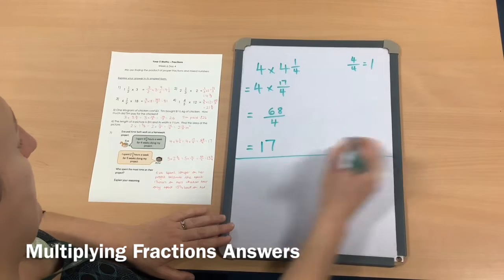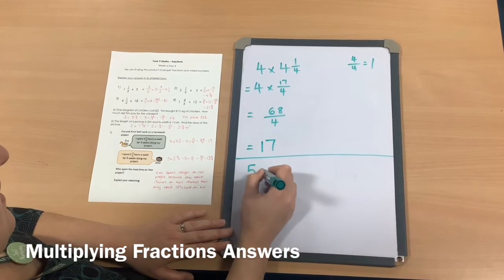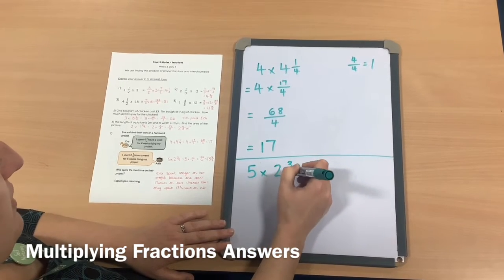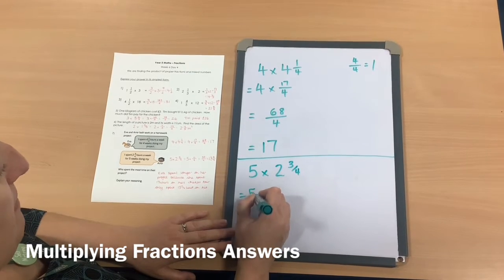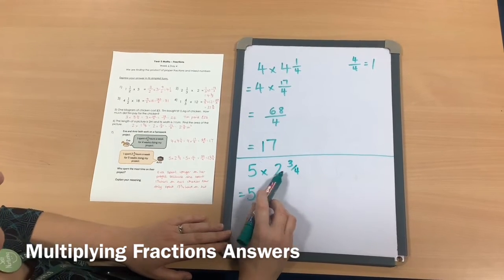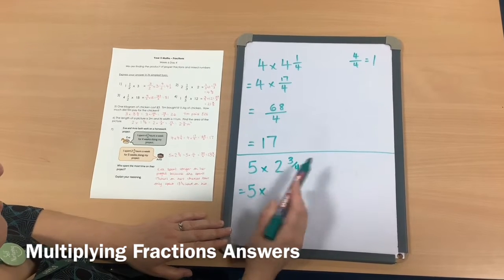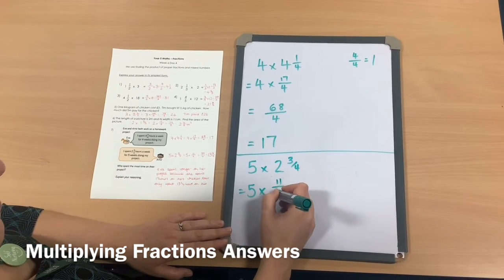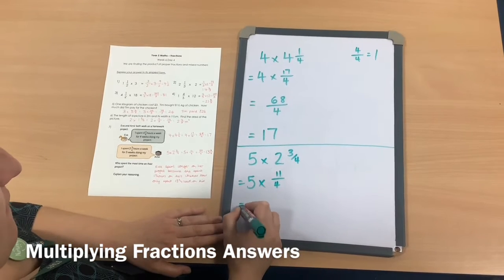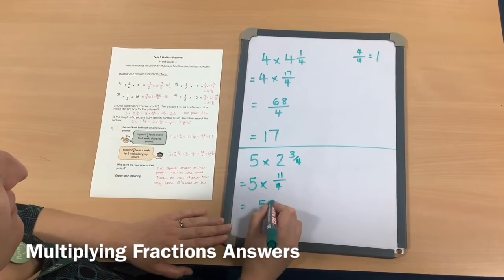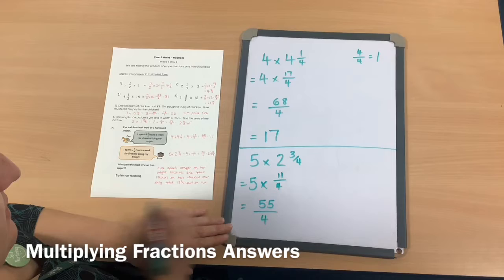And then Amir, 5 weeks at 2¾ hours. So first step, change it into an improper fraction. So 2 whole ones is 8 quarters. Add those 3/4 is 11 quarters. Okay. 5 times 11 is 55, and my denominator stays the same.